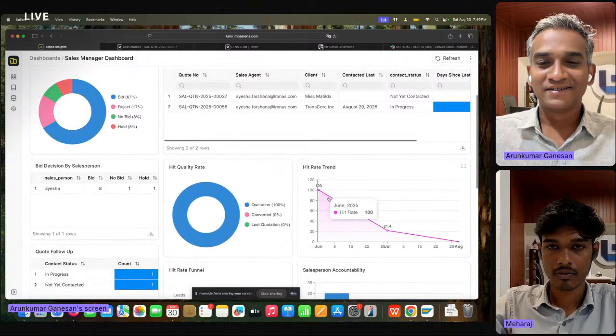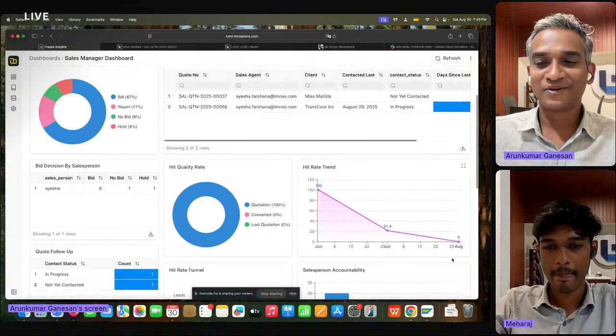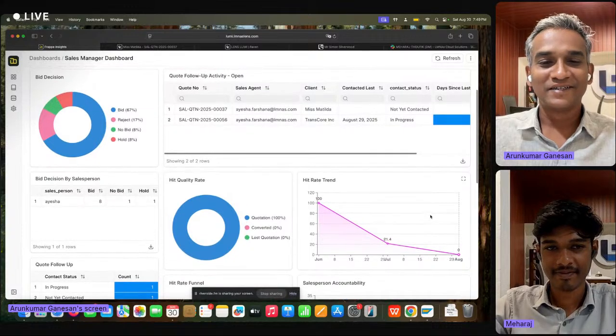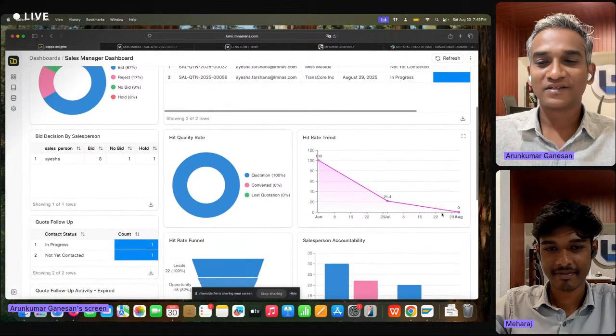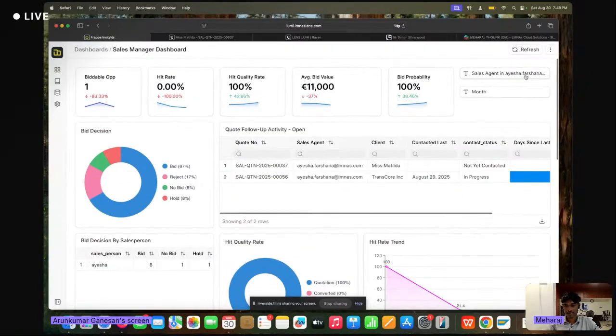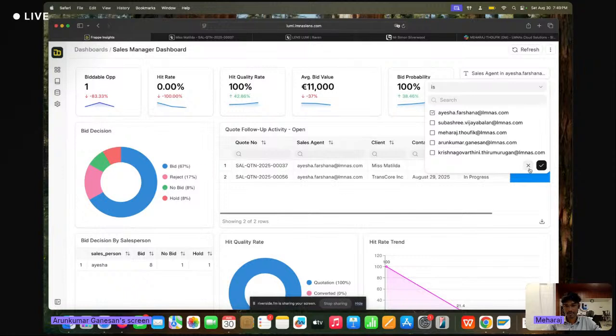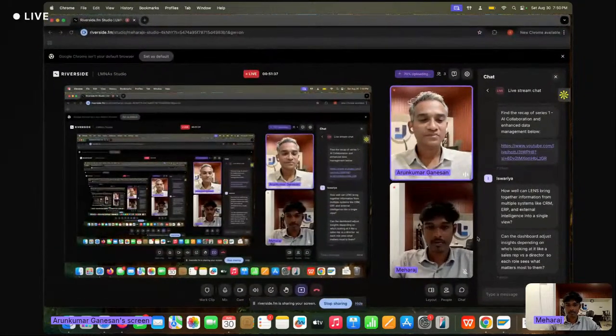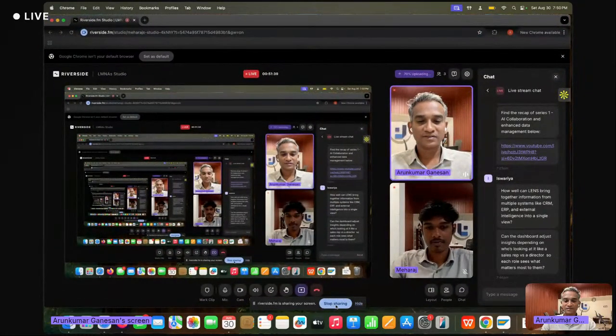If you see the hit rate here, of course, this is a test system, if you see something like this, probably that person is on leave, on a vacation for more than a month. So that's where the hit rate is so low and it has hit zero, for example. The answer is you could definitely have different versions of the dashboard for different people.